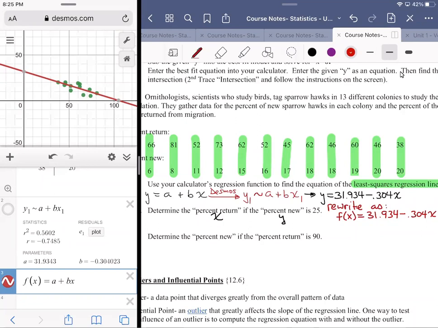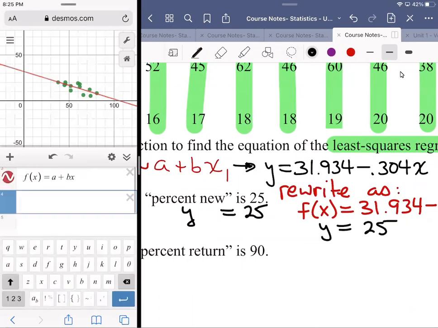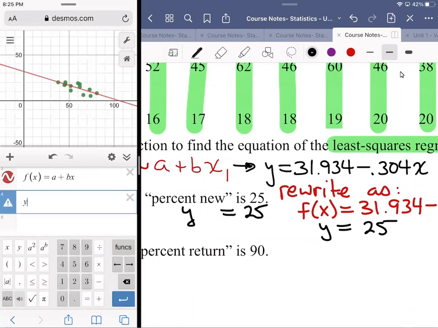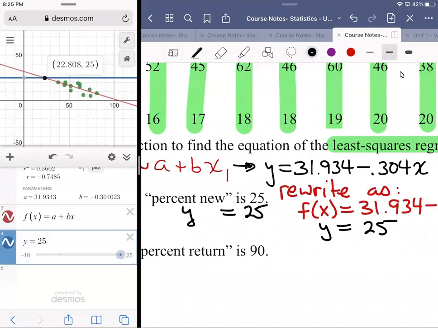So if I know y equals 25, I know that fact. I could put that in as another equation and find the intersection between those two graphs and never have to solve.